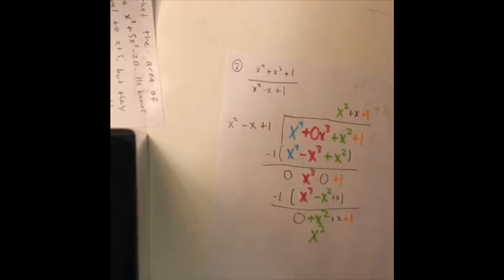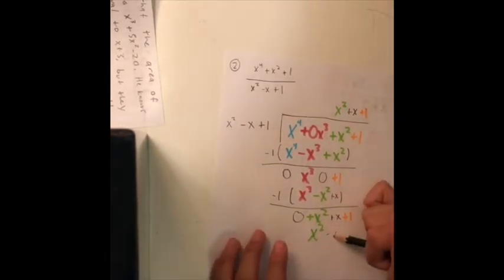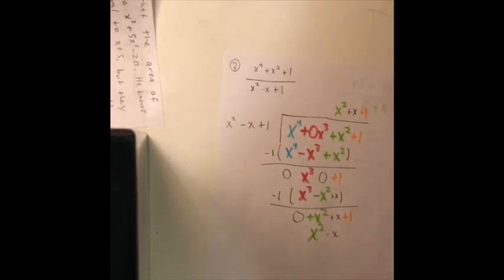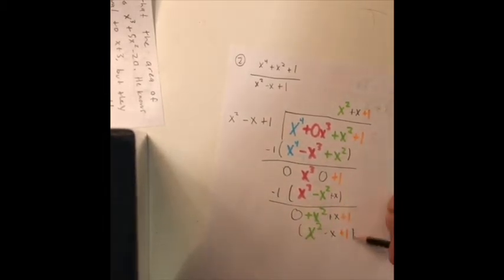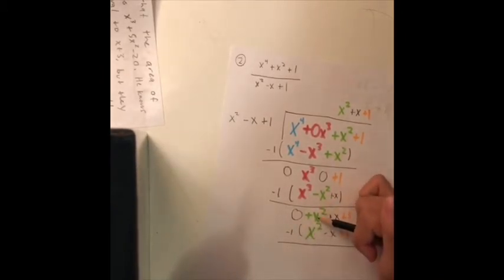One times -x is -x. And 1 times 1 is 1. And now we multiply this by -1. Then we get -x squared plus x squared is 0.